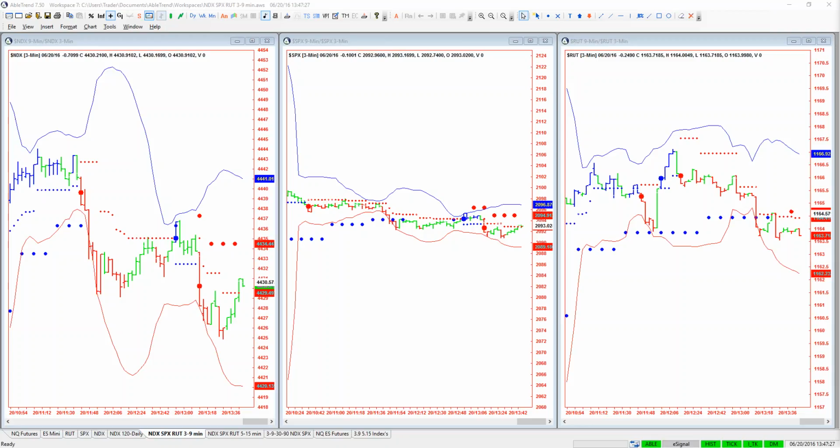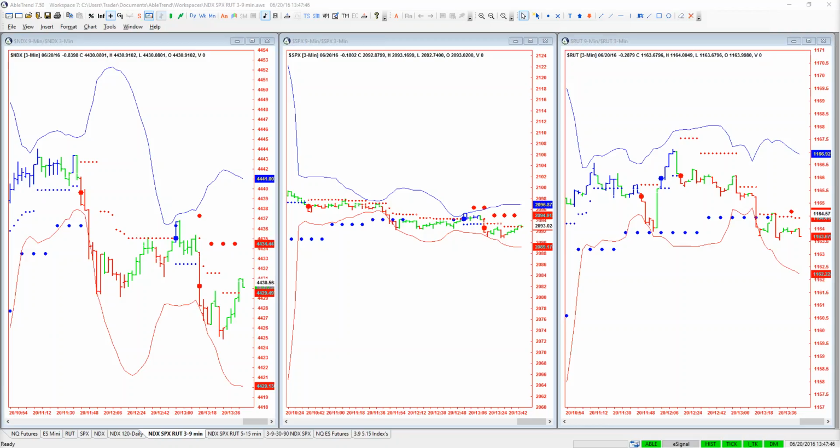When I see a double stacked pattern to the downside that's stair stepping lower, I like that. If I see a double stacked pattern to the upside that's stair stepping higher, that gives me more confidence than just a flat set of signals that really is indicating that the index isn't moving very much.